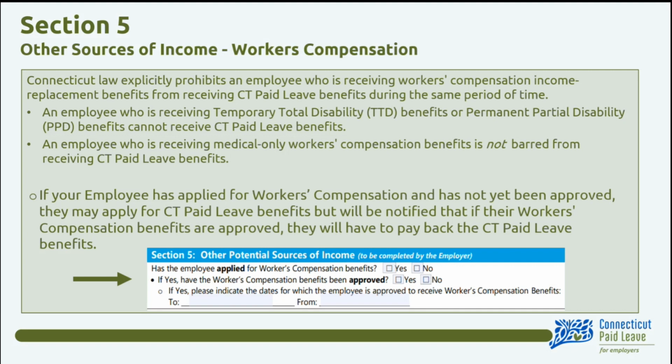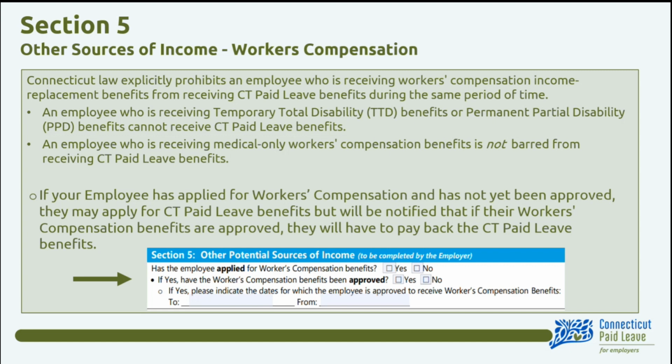Section 5 asks about other sources of income. Under Connecticut law, employees cannot receive Connecticut paid leave benefits if they are also receiving workers' compensation income replacement benefits, specifically temporary total disability, TTD, or permanent partial disability, PPD benefits.